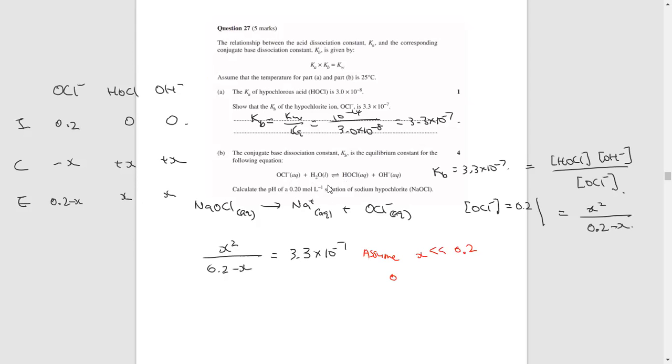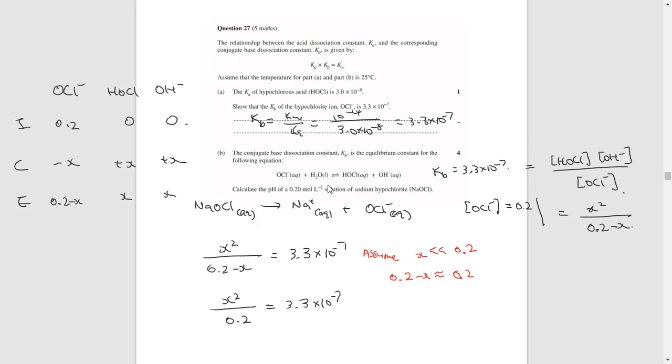In other words, 0.2 minus x is close enough to 0.2, and that simplifies our calculation significantly. You can, of course, do this without doing the simplification, but that's not what they expect for you to do in the HSC. And you'll find that if you were to do it, your answers won't change by all that much. It will be within the margin of error that they're willing to accept.